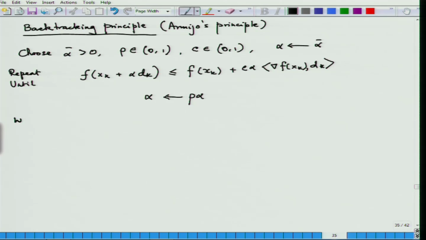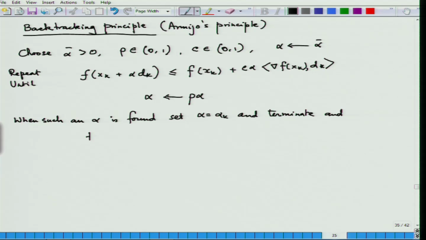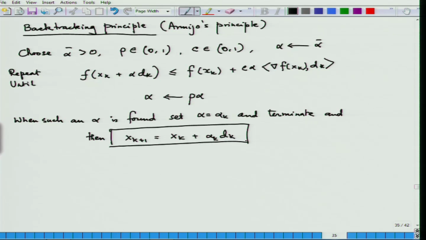Then when such an alpha is found, set alpha equal to alpha k and terminate. And then xk plus 1, the new point, is xk plus alpha k dk. Okay. So this is what is done in actual practice.